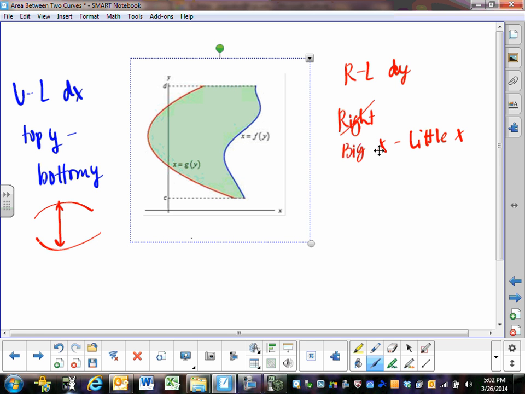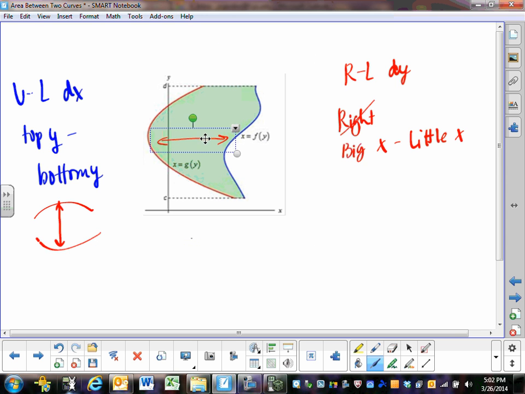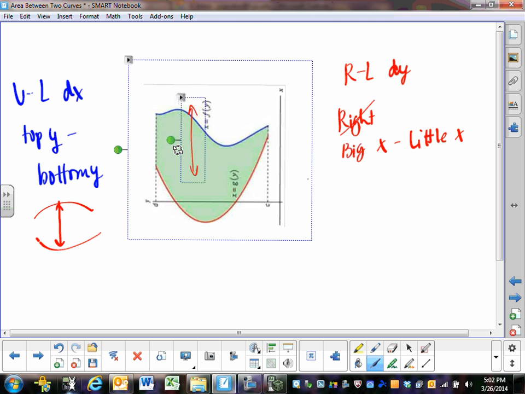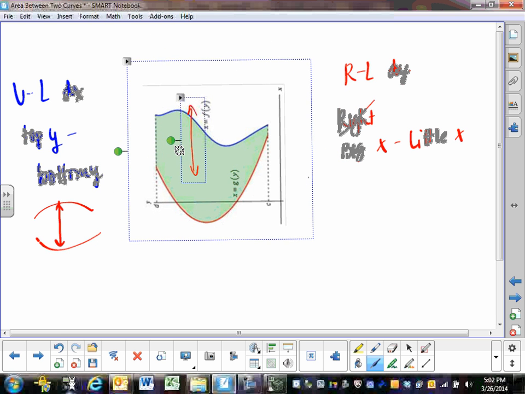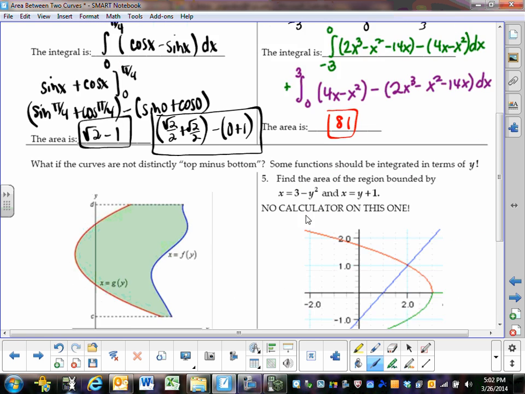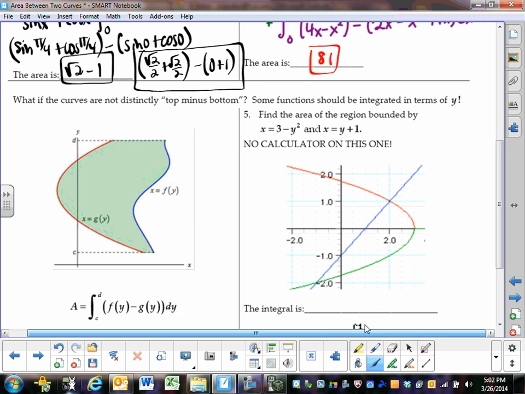We want the big X minus the little x to give us a positive length as well. And so we want to think about this as turned over. So now we're talking about this space, and it's the bigger x, the positive x, minus the negative x, vice versa.